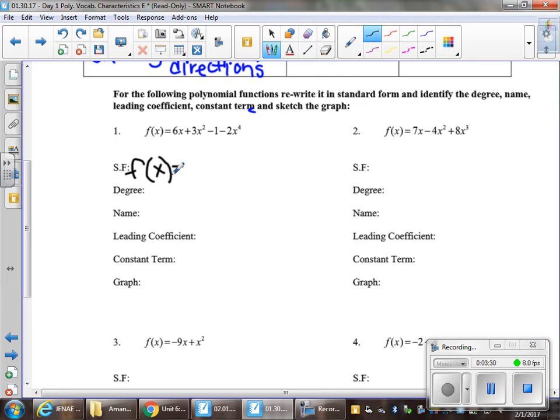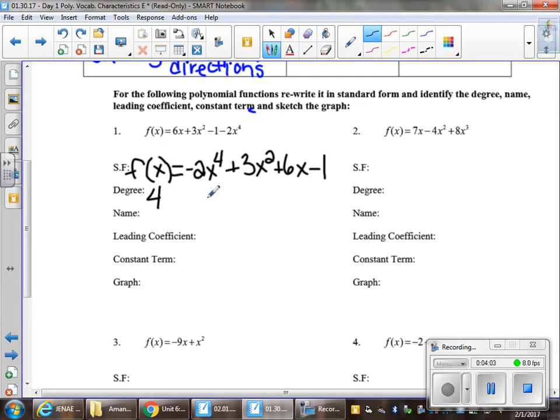So what's going to go first? To the fourth. -1. Good. Notice how the exponents are going in order from greatest to least. What is our degree? 4.